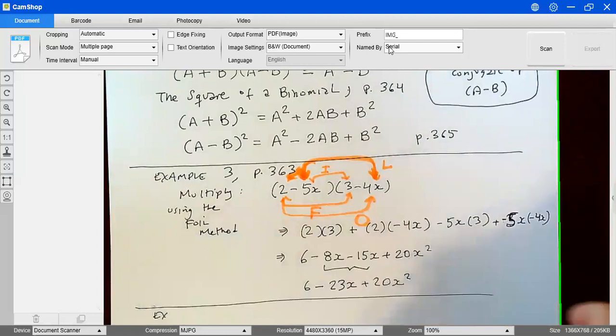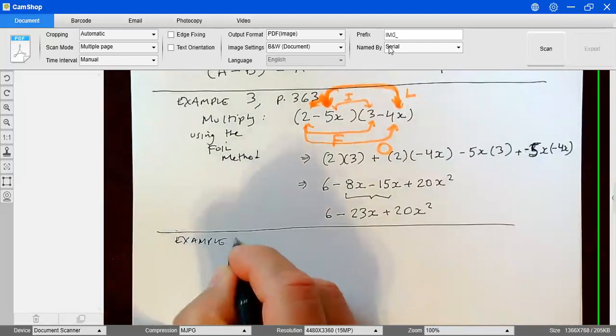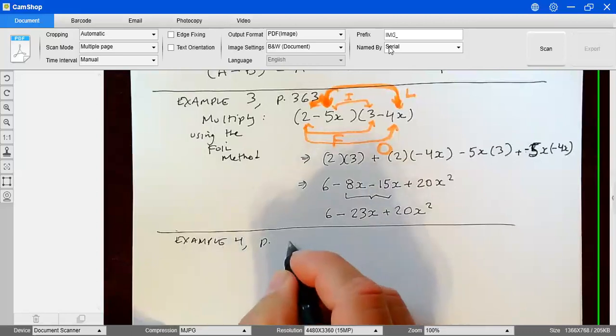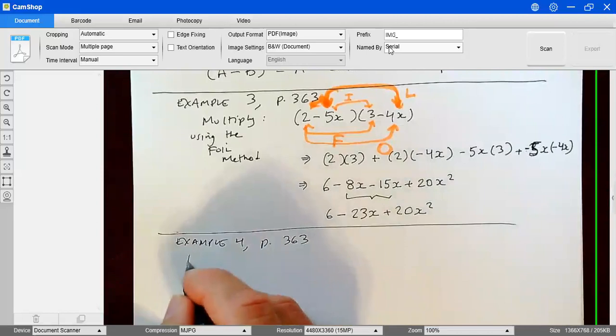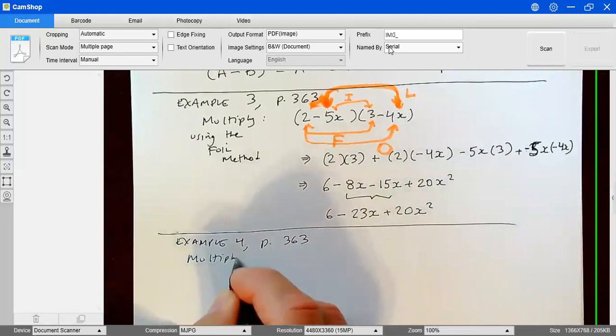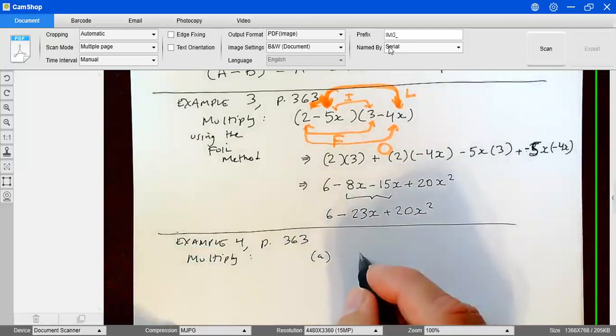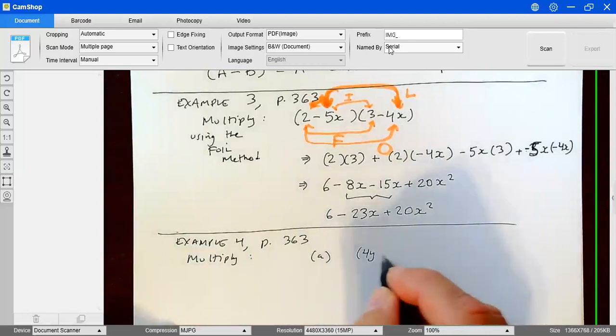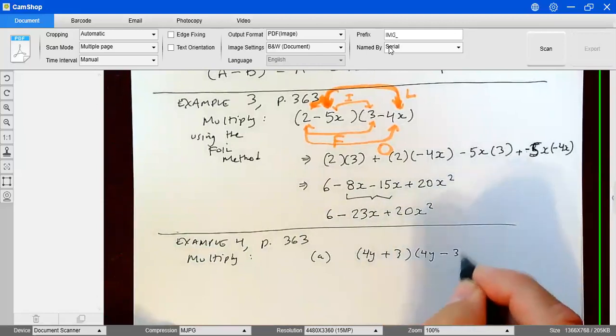Example 4, page 363. We're going to multiply binomials again. The first one is (4y plus 3) times (4y minus 3).